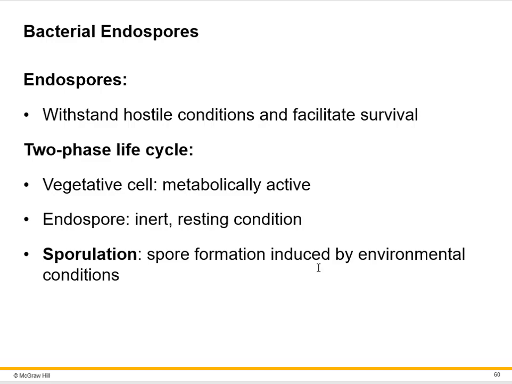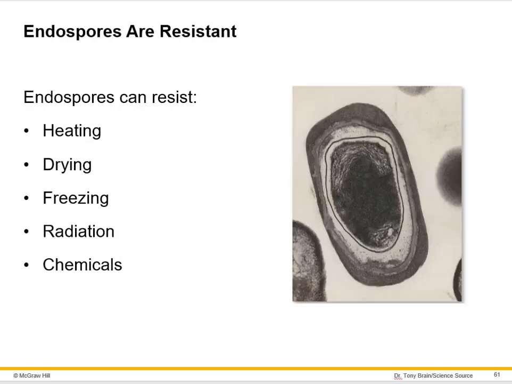So when the conditions are bad, whatever bad is, for an aerobic bacteria that needs oxygen, when it's in an anaerobic environment, that's bad, and so it may sporulate at that point. When you have an anaerobic bacteria, if it's in an aerobic environment, then that's bad, and so it'll start producing spores.